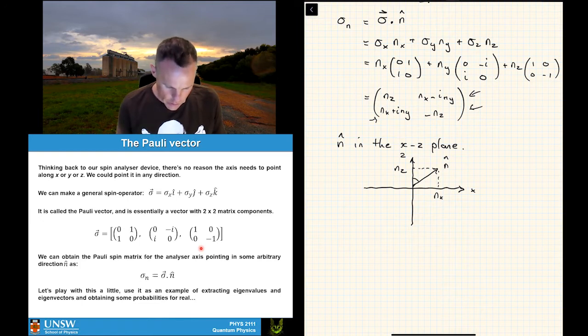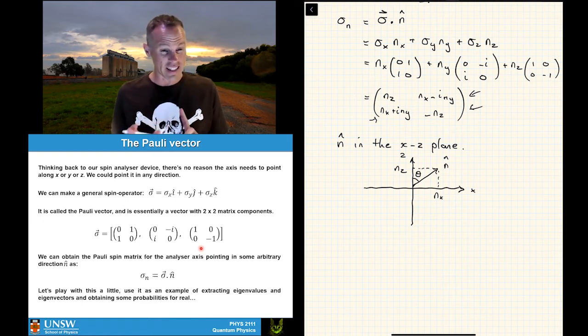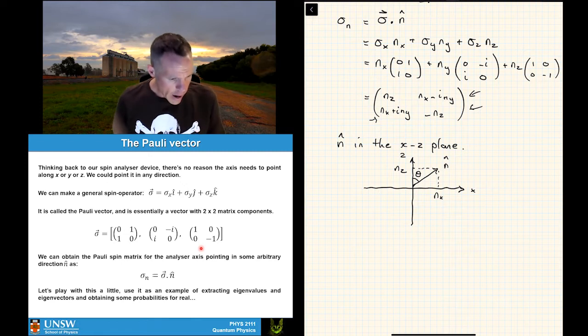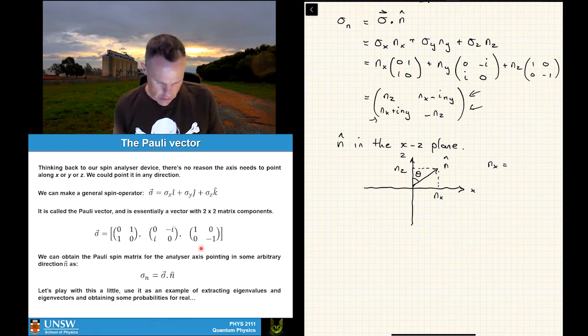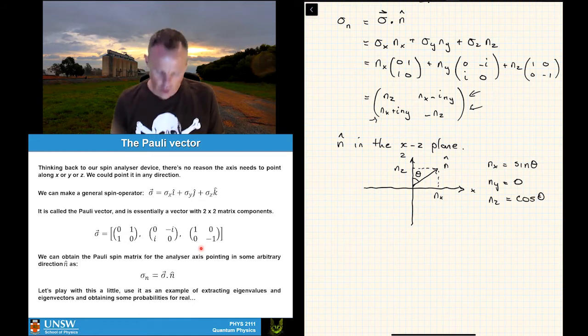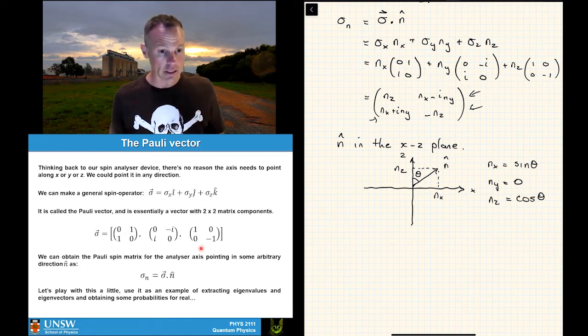And what we could do is define some angle theta here to the z-axis. And what we would know here is that nx is equal to sine theta, ny is equal to 0, and nz would be equal to cos theta. And you'll notice that I've got no prefactors in those because n hat is a unit vector, so it's got a length of 1, okay?